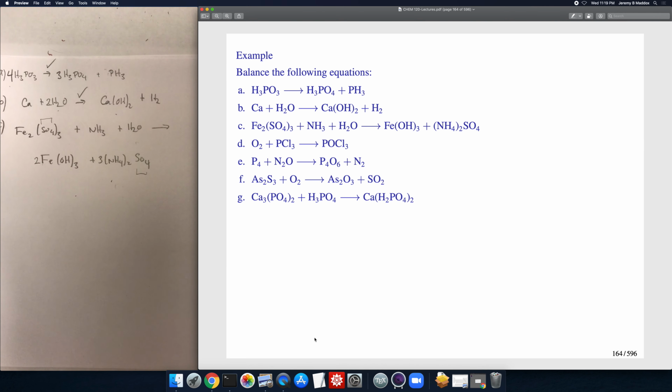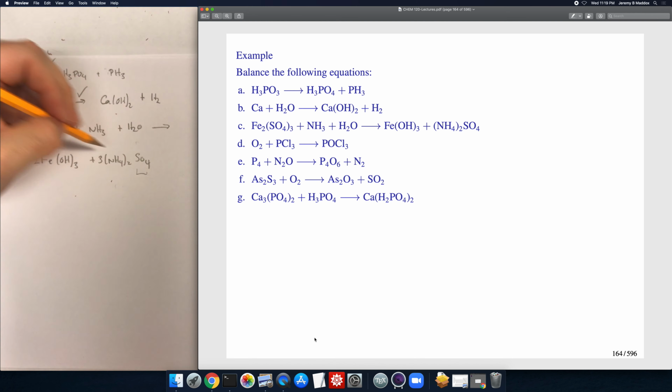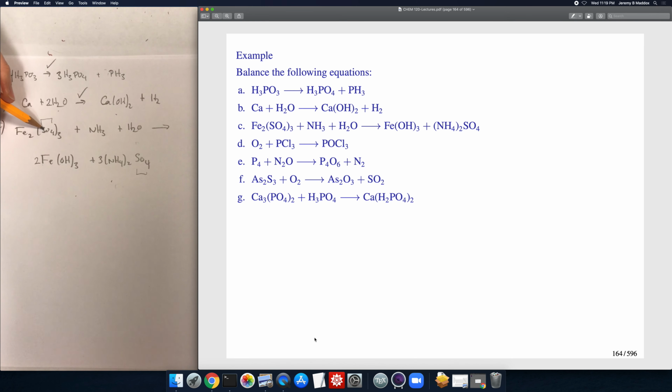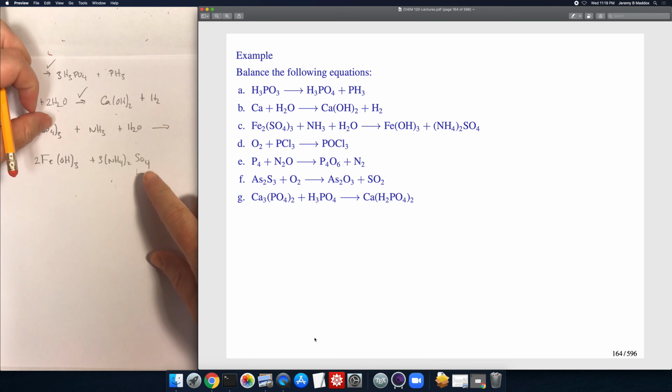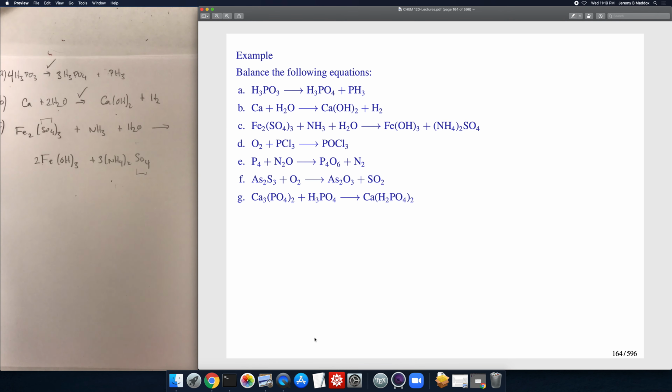Now we have 3 sulfates. Okay, so iron is still balanced. The sulfates are now balanced. That includes both this sulfur and these oxygens. So we don't want to go messing with these now if we can help it, because that's going to throw things off. What's left to balance is the nitrogen, and we still have a little bit of oxygen left over to balance probably, and the hydrogens, of course.